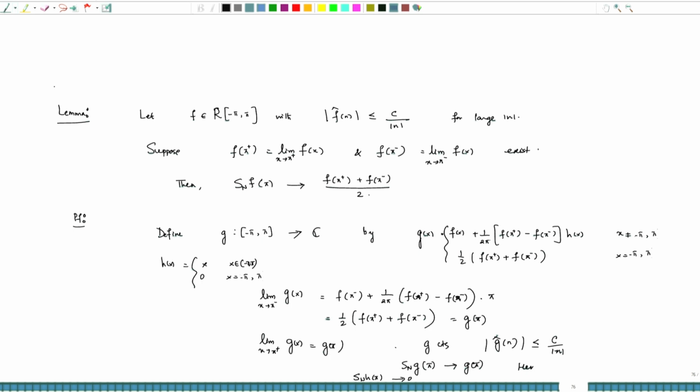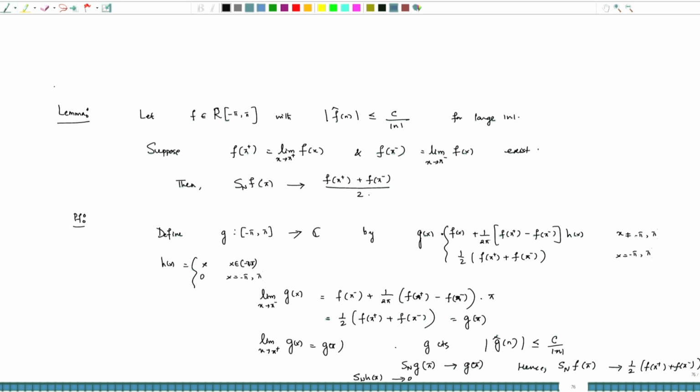Hence S n of g at pi converges to g of pi, and S n of g at pi is S n of f at pi plus half times this. So, S n of f of pi converges to g of pi, which is equal to 1 half of f of pi plus plus f of pi minus.